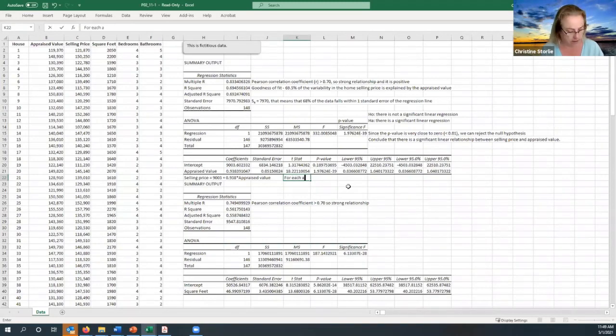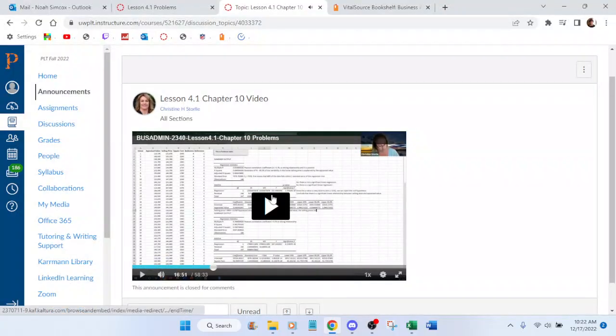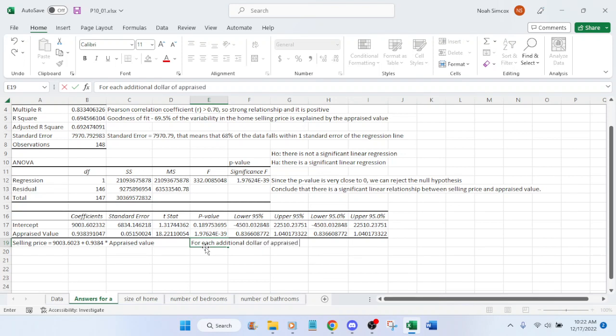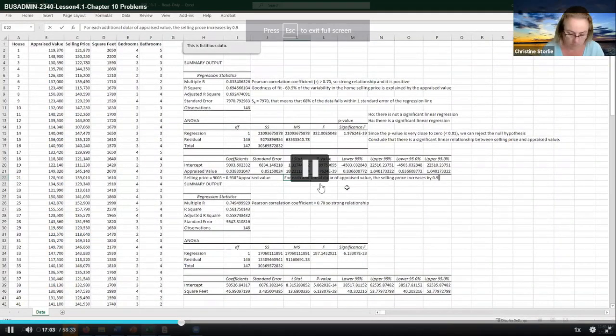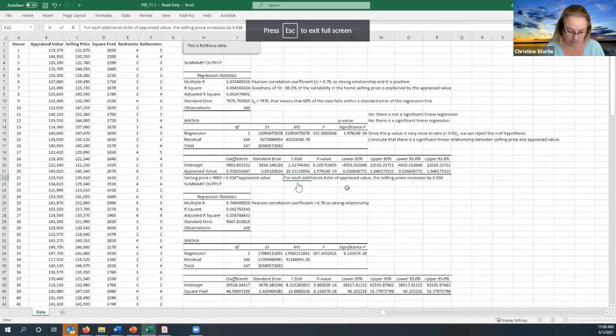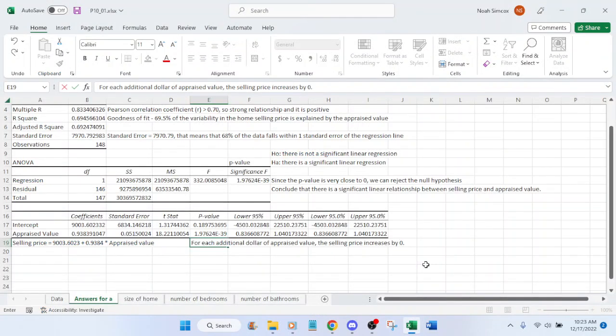So for each additional dollar of appraised value, the selling price increases by that number, 0.9384.